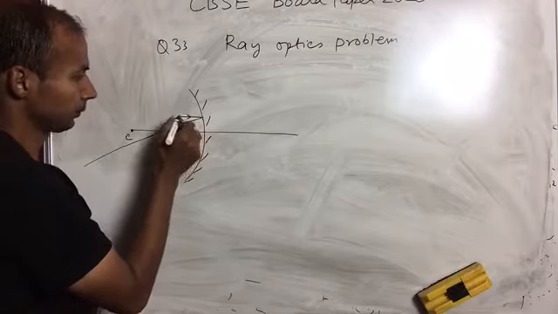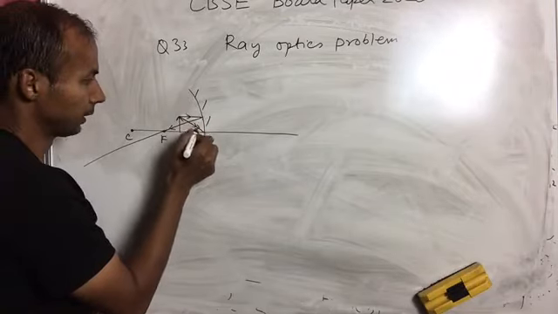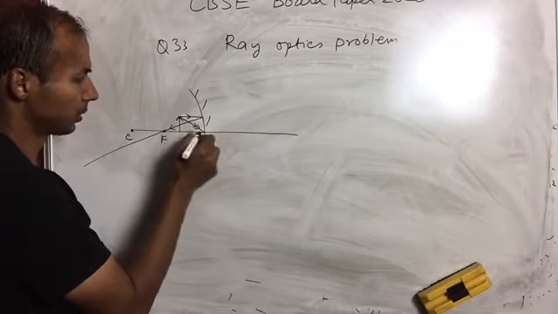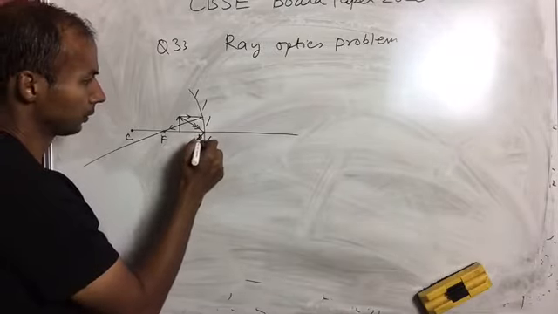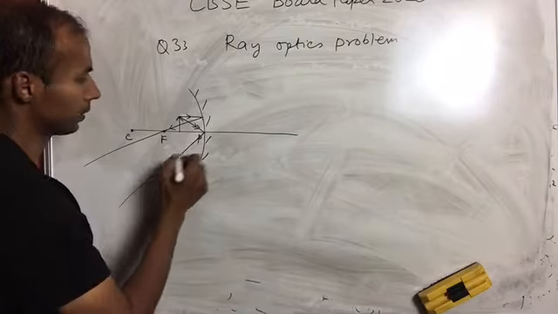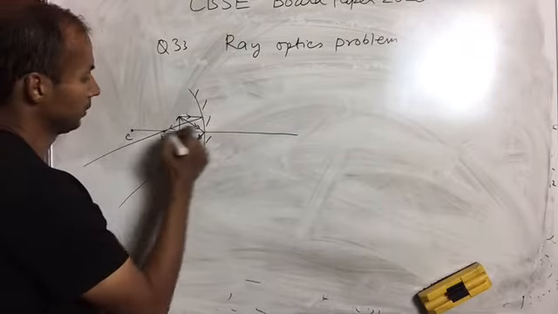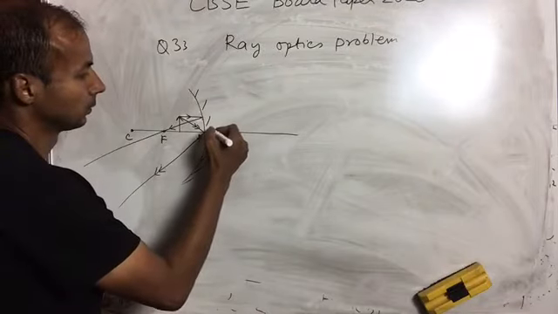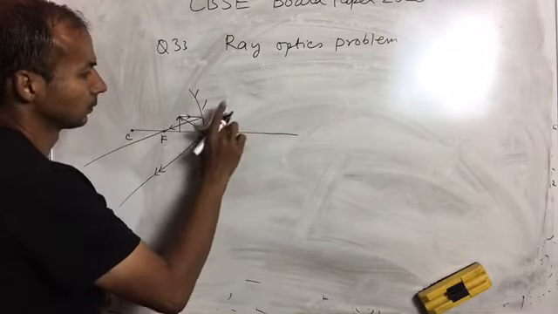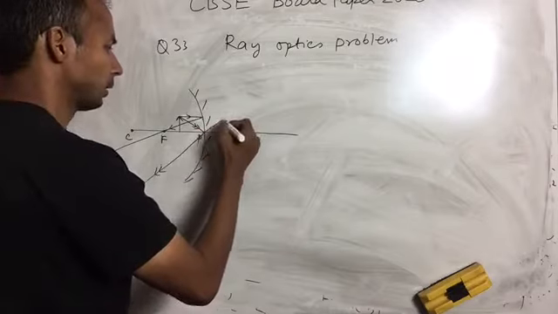Let's say the second ray falls on this with equal angle, because this is the normal on the mirror. So with equal angle, it goes like this. Now these two are not going to meet, so take them back, like this.